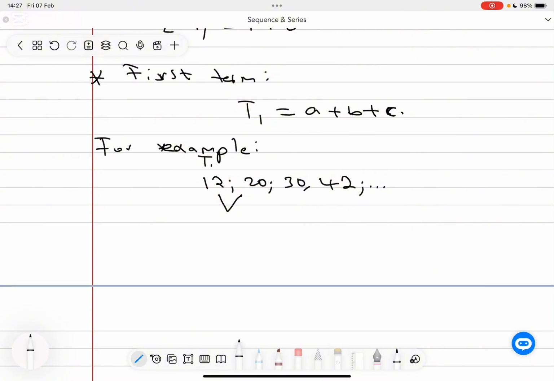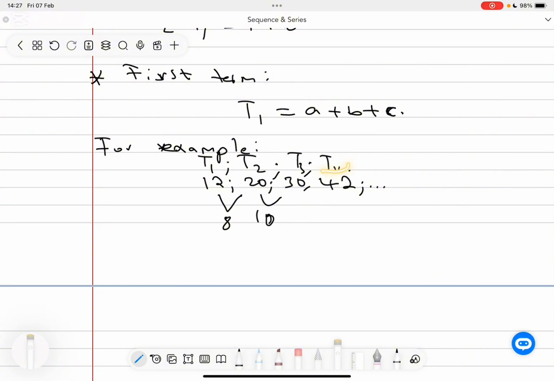Remember that this is term 1, term 2, term 3, and term 4. So 20 minus 12 gives me 8. Then term 3 minus term 2, which is 30 minus 20, is 10.